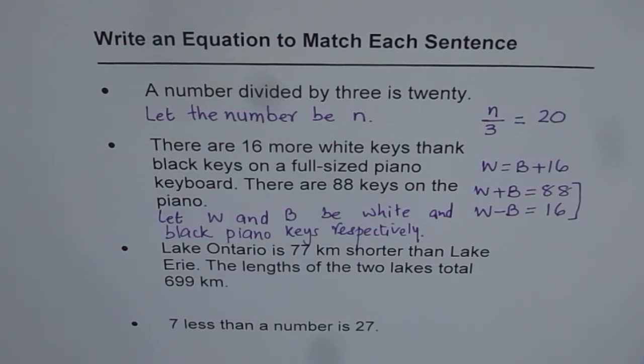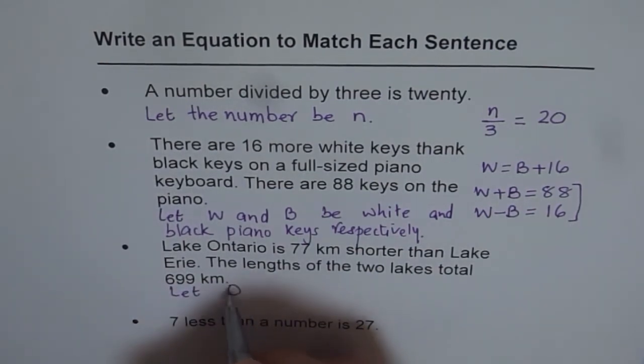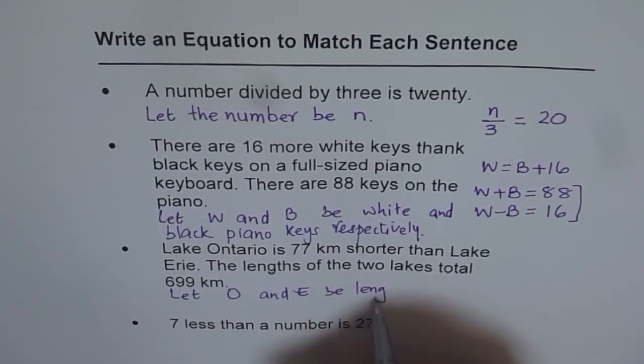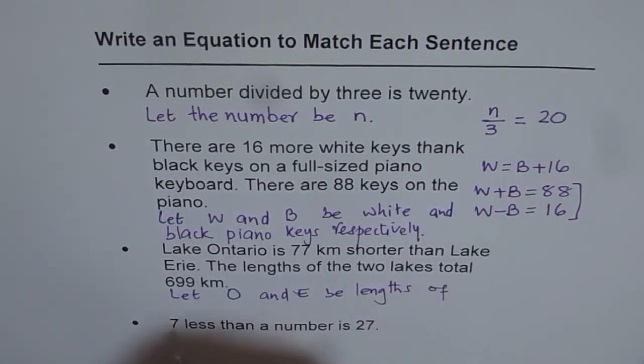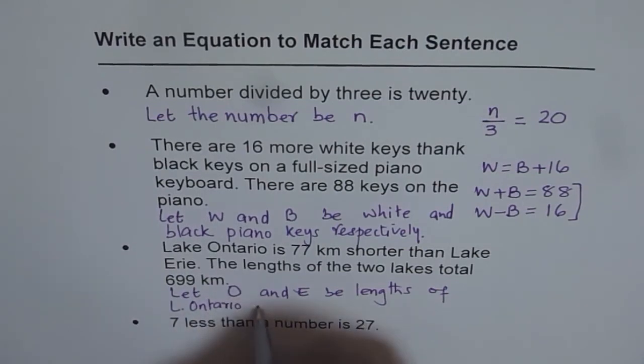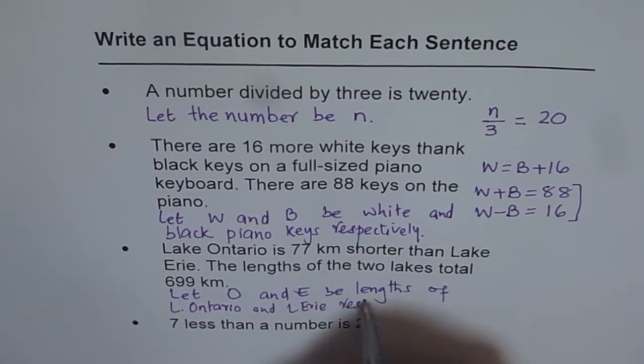Next one. Lake Ontario is 77 kilometers shorter than Lake Erie. The lengths of two lakes total 699. So it's very similar to the previous question. Let's define our variables and say let O and E be the lengths of Lake Ontario and Lake Erie respectively.